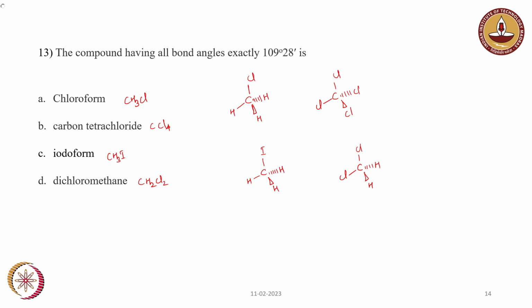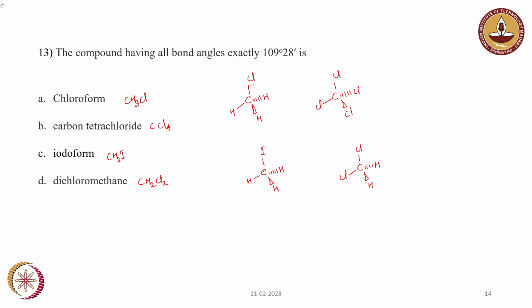So in this one, chlorine is more electronegative compared to hydrogen. So the electrons in this bond will be closer to chlorine. So one of the bonds will be slightly deformed. When the electrons are moving away, there is more space around this carbon, so this angle can be larger than 109.